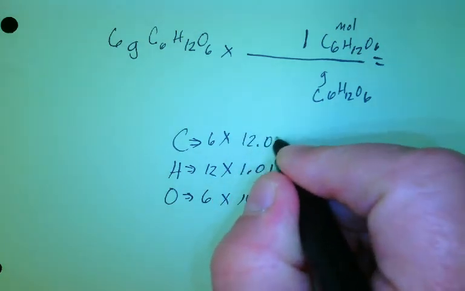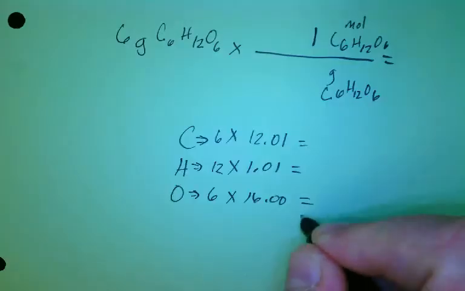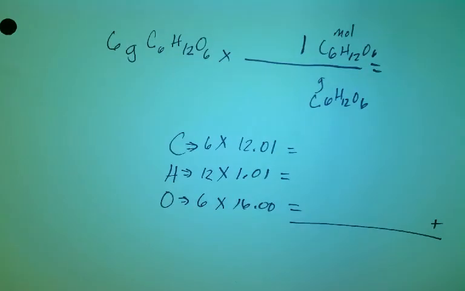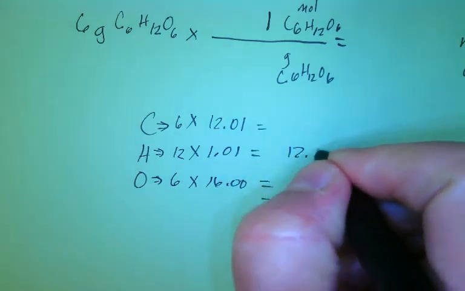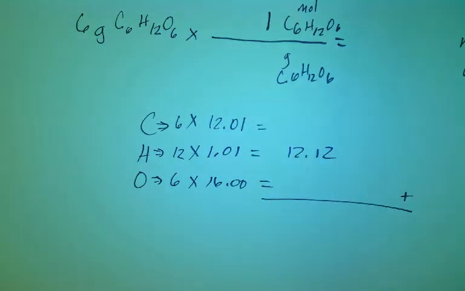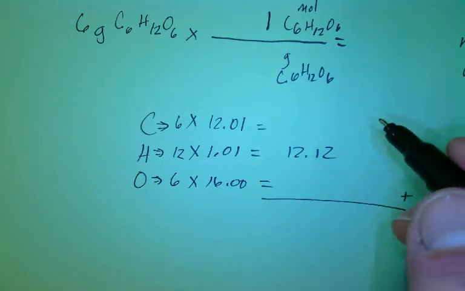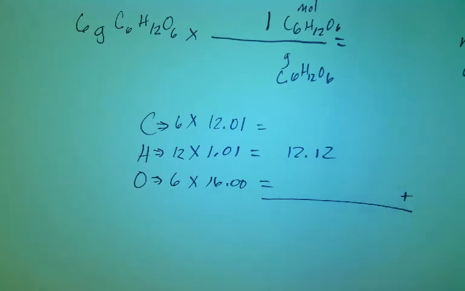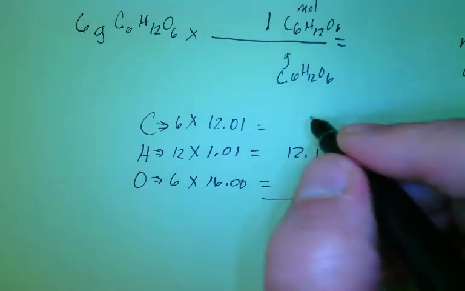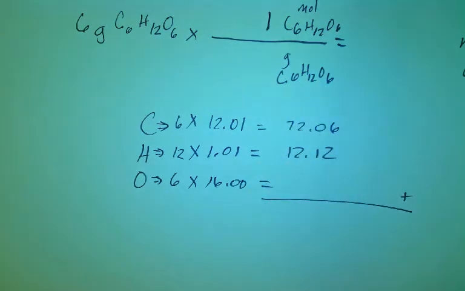12.01. We need to get our calculators out, unless we have a math mind on the crunch. This one is 12.12. That the top one's 40. Not 40, it's like 72.06. Yes. Okay, anybody know what 6 times 16 is?